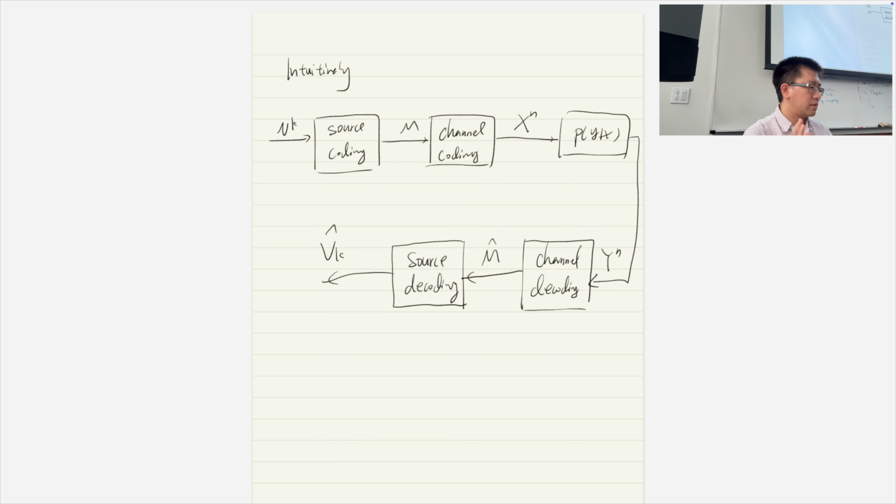So let's consider a simple case. What if the source is memoryless, not with memory? Let's roughly compute what is the requirement on tau, so how well we can do with tau. Let's say H(V^k) is equal to k times H(V).